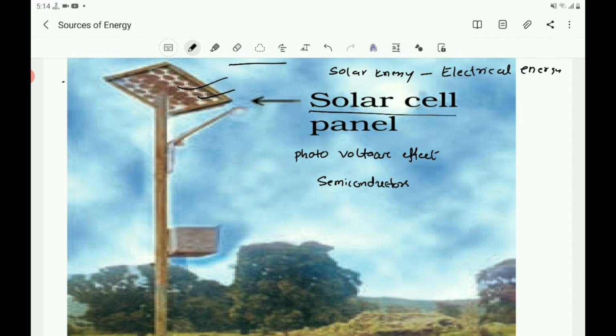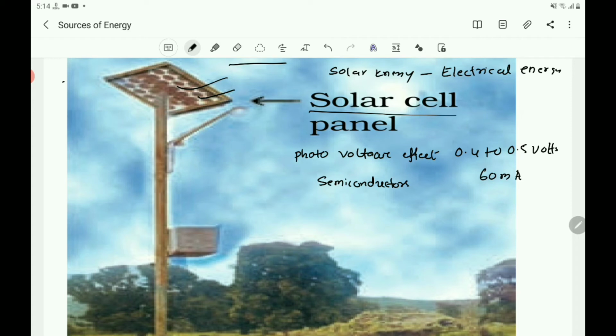A solar cell of 4 square centimeters size produces a potential difference of 0.4 to 0.5 volts and generates a current of 60 milliamperes.